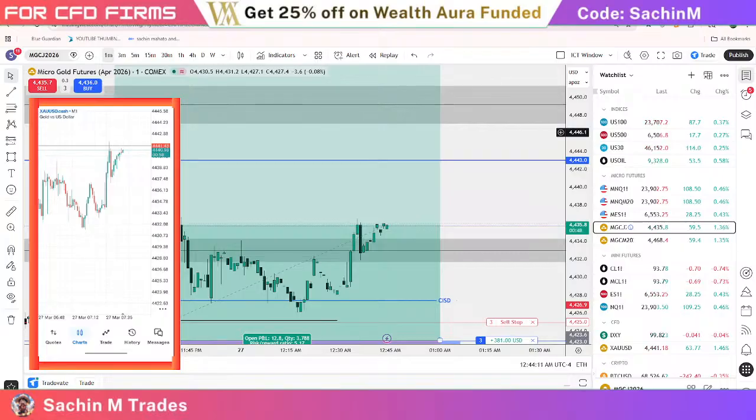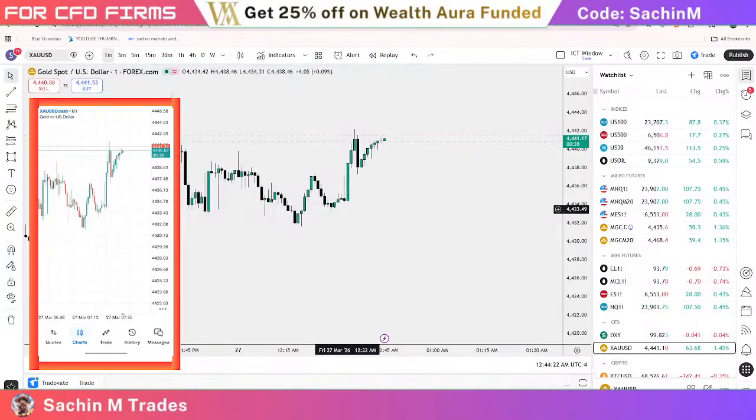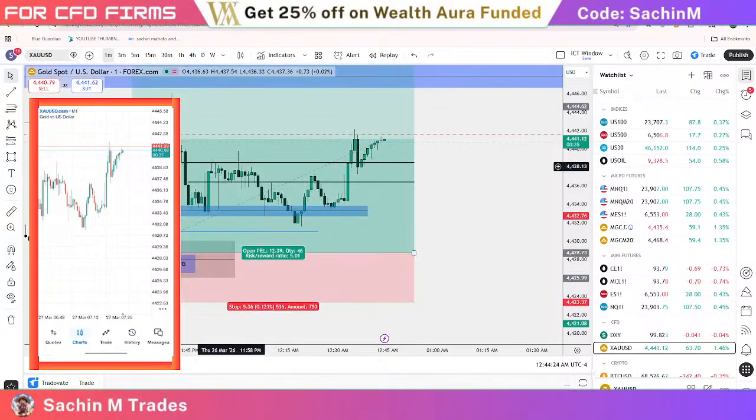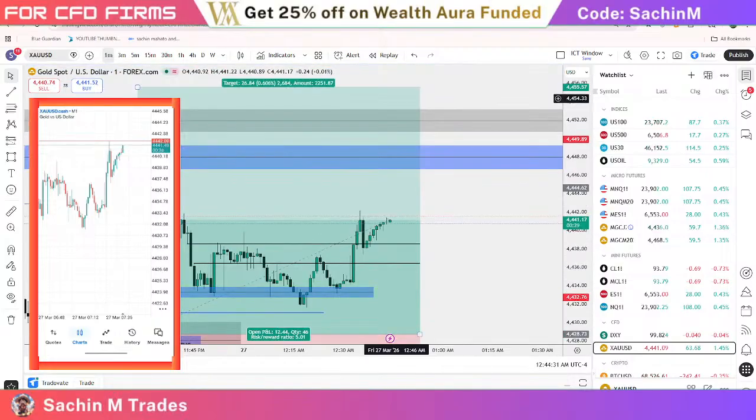Right now, we have surpassed the most difficult part of this chart, which was this fair value gap, and it is showing on CFD as well. Let us swap. Now this fair value gap should act as an inversion fair value gap and drive the prices higher.